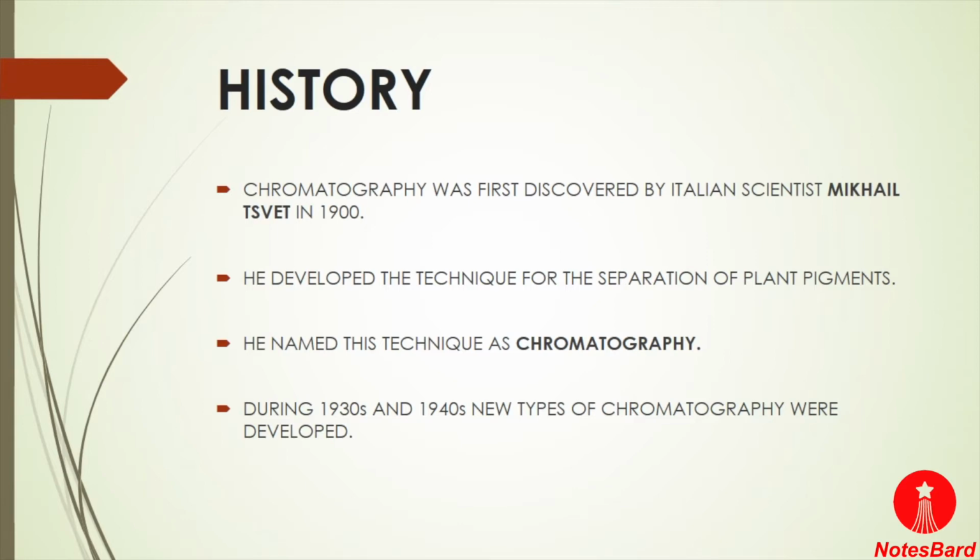We know that plants are living organisms which have different types of cellular pigments like carotenoids, chlorophyll and many others, which help them perform photosynthesis and give color to flowers, among other functions. To separate these pigments, Michael Tswett invented a method which he named chromatography, because it is used to separate the pigments of plants.